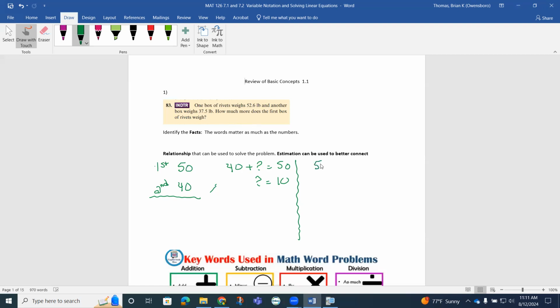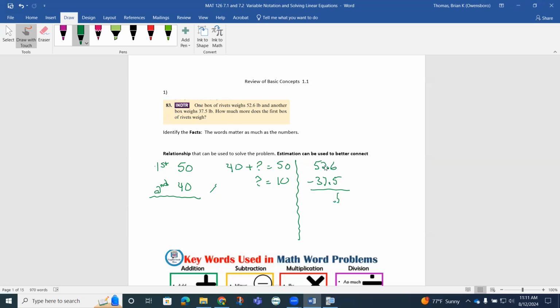So to solve this problem, I'm writing down 52.6 pounds, subtract 37.5 pounds. Now the question is, can I do this math with or without a calculator? Well, when you're subtracting, you want to keep the decimals lined up, so place values have to be in a line. If I have 6/10 of a pound, subtract 5/10 of a pound, that is subtractable. That's going to bring down a 1.